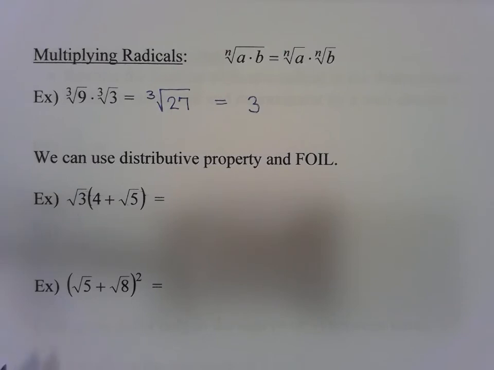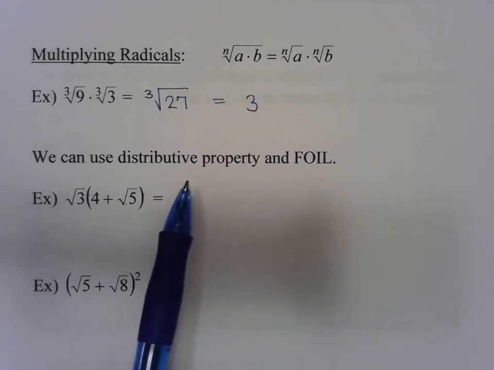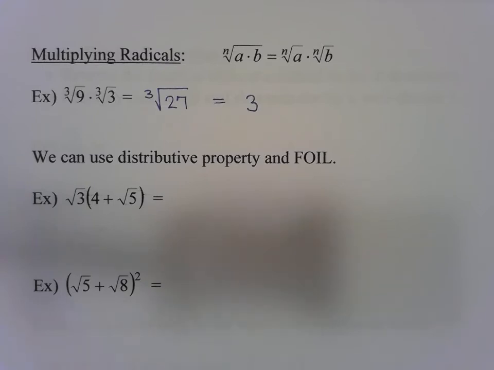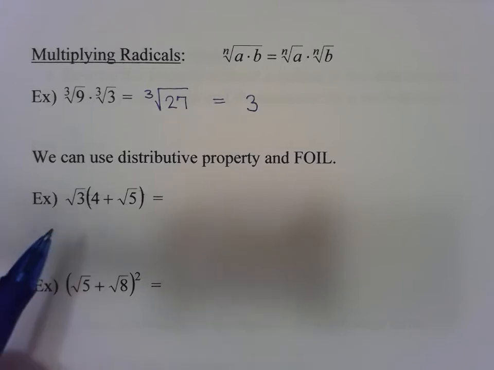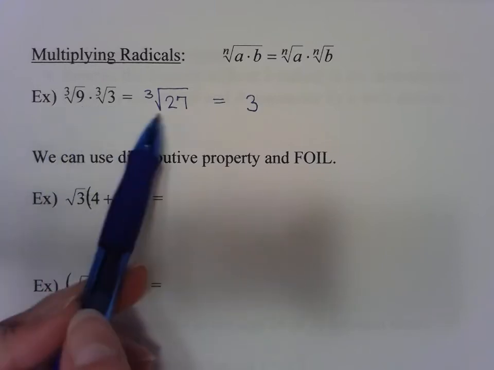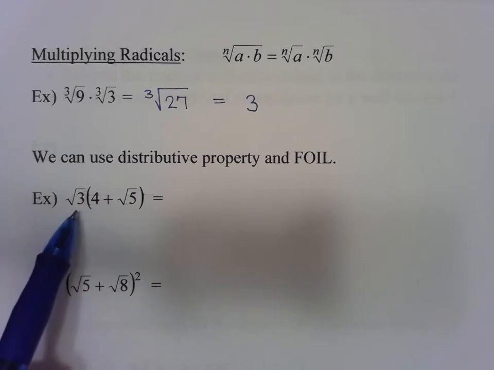Okay, we may need to multiply things that are a little bit more complicated than that, so we can also make use of the distributive property and FOIL, all things that we've used in previous sections. It is important to know that when you're multiplying, anything inside a square root can be combined using the product rule. Anything outside the square root is going to be separate from what is inside the square root.